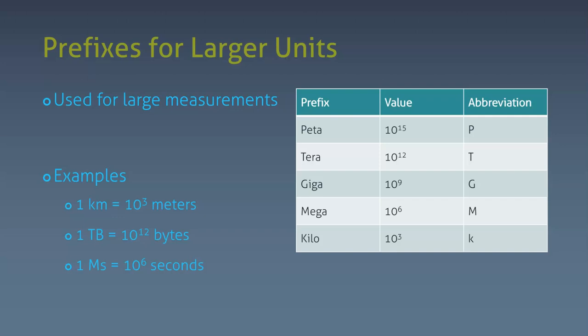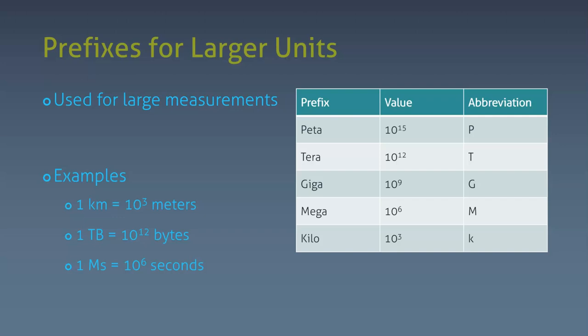I do want to point out that all of our prefixes that make our units larger, except for kilo, are represented with a capital letter. For tera and giga, it's not super critical. I mean, it is because that's how we do things, but there's less confusion involved for tera and giga.